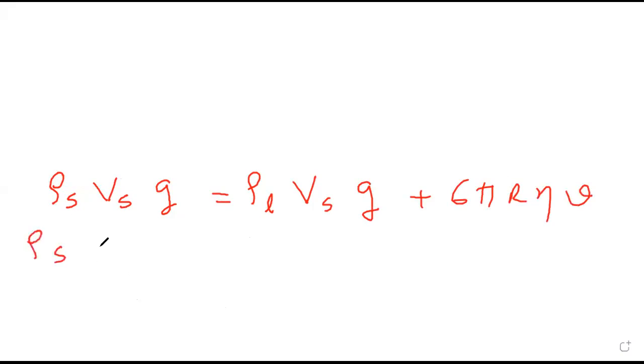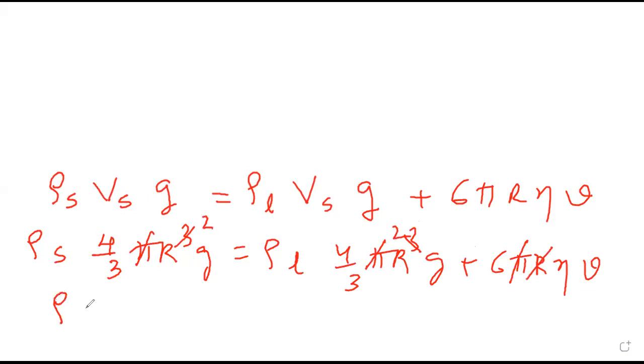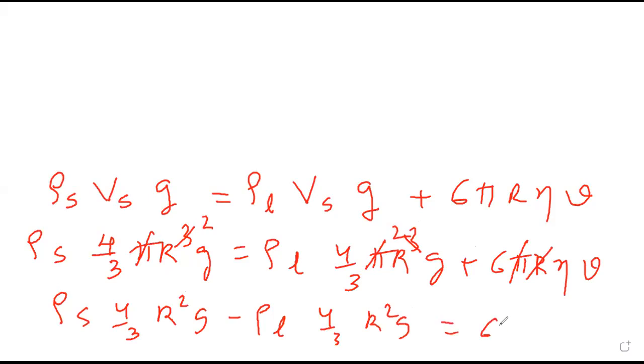Volume of sphere is 4 by 3 pi r cube, so density of solid into 4 by 3 pi r cube g equals density of liquid into 4 by 3 pi r cube g plus 6 pi r eta v. I can cancel pi throughout, and one r I can cancel. This is r square. So we get density of solid 4 by 3 r square g minus density of liquid 4 by 3 r square g is 6 eta v.